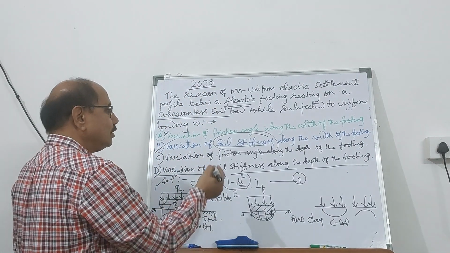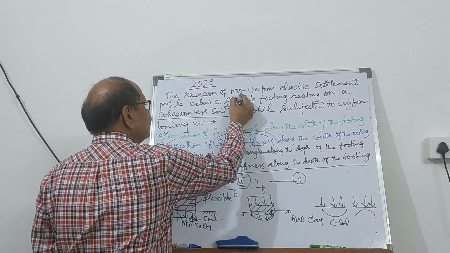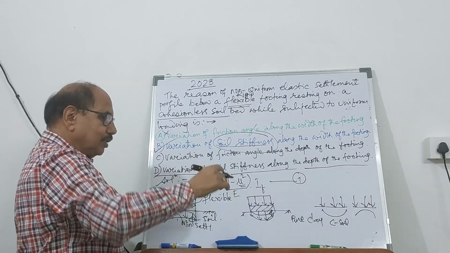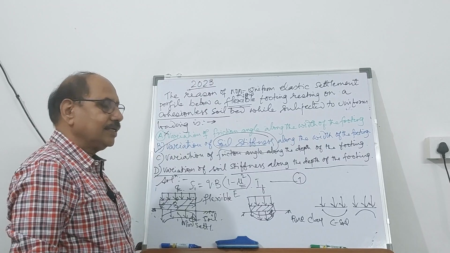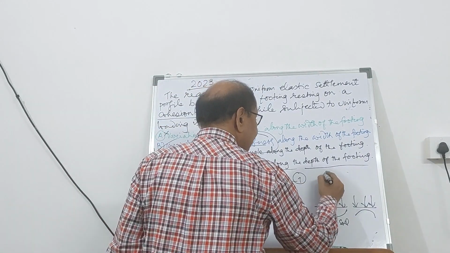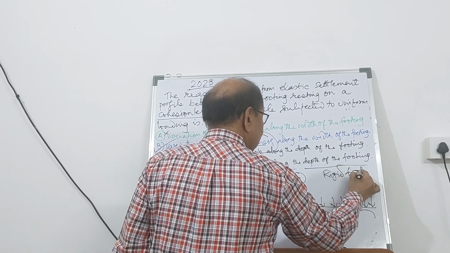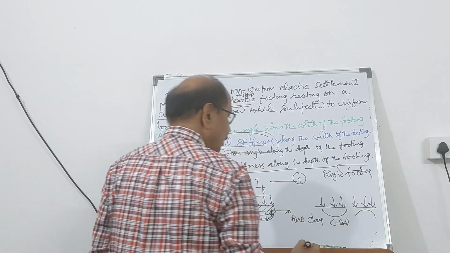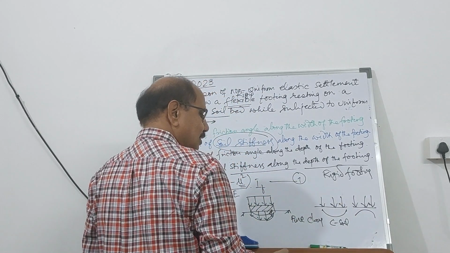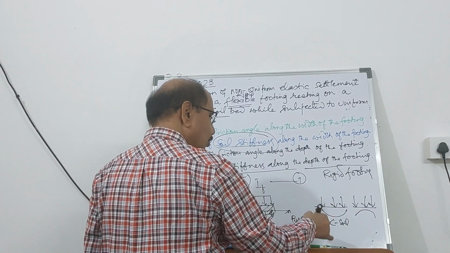If it is not a flexible footing but a rigid footing, then it will also settle uniformly. If it is a rigid footing, then on clay soil, it is going to be just reverse, and the footing is going to settle uniformly.